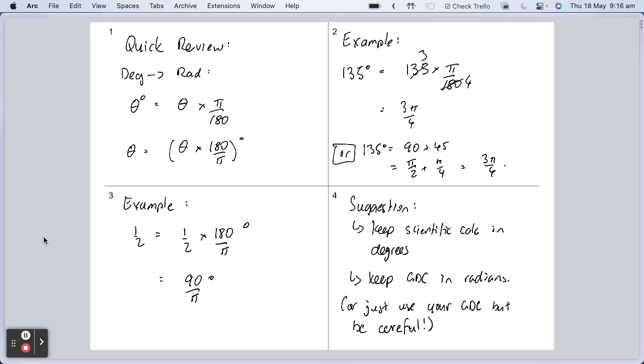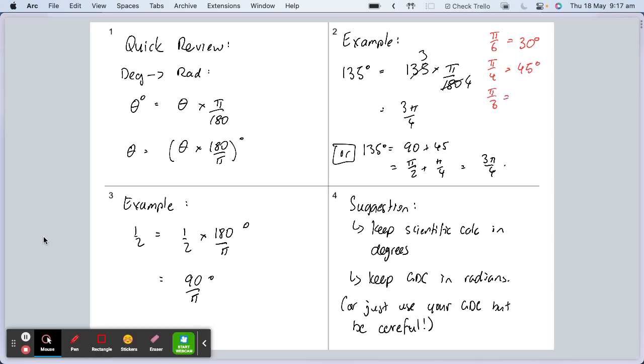Even though they're on your information sheet, you need to be able to recognize them as you go along. So just a reminder from last year, the angles that you should be able to recognize are, apart from zero, pi on 6, which is 30 degrees, pi on 4, which is 45 degrees, pi on 3, which is 60 degrees.